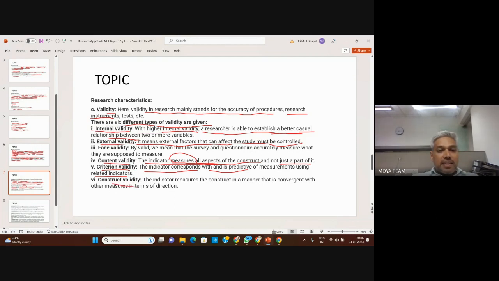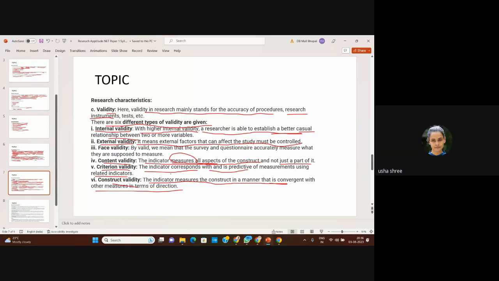Construct validity: the indicator measures the construct in a manner that is convergent with the other measures in terms of directions. So just read it, learn it. These are the validities. We have completed them. Can you give some examples of criterion validity and construct validity?